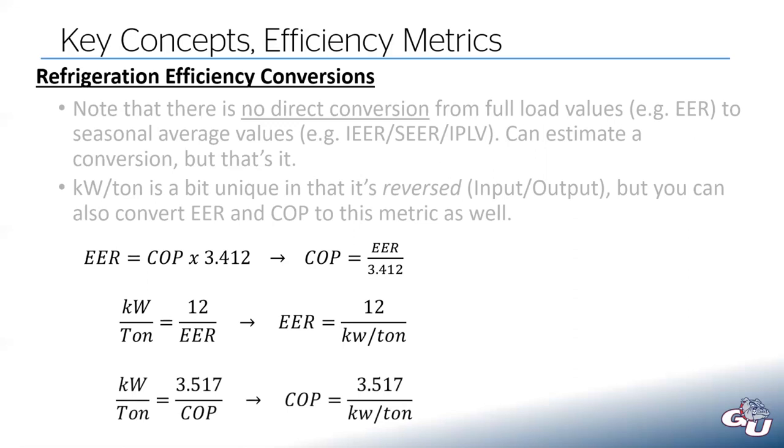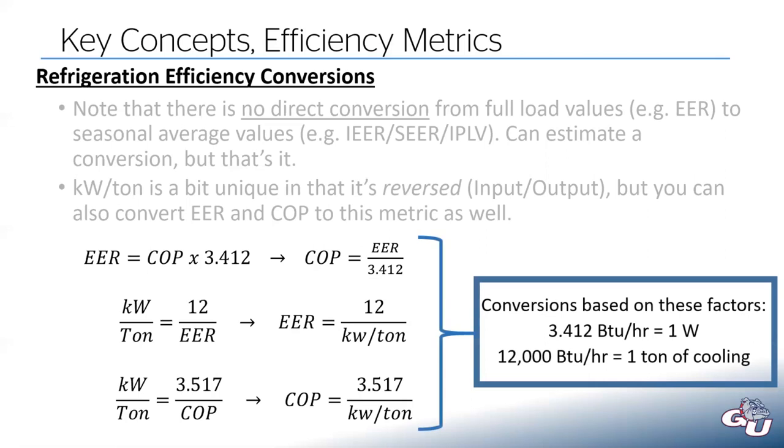And so using these conversion factors, we can hop back and forth depending on what efficiency metric is given to us. So if we are given a value of kW per ton, but we really like the simplicity of working with COP, which I really do because it's a dimensionless value, it's very easy to work with, it's pretty easy to convert between these different metrics.